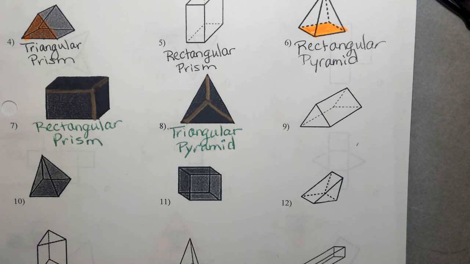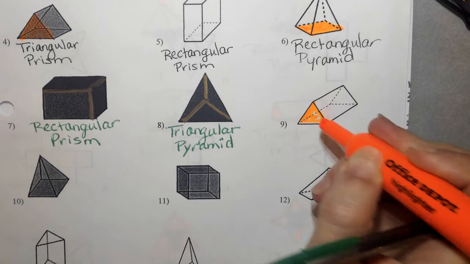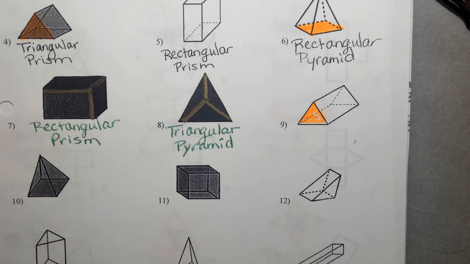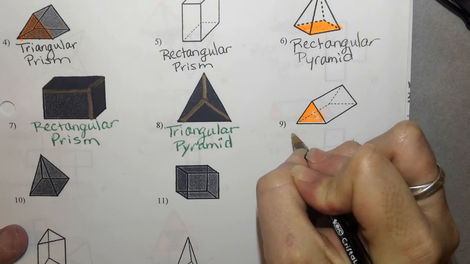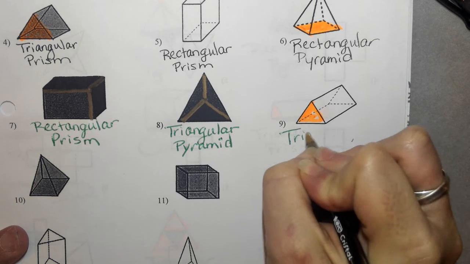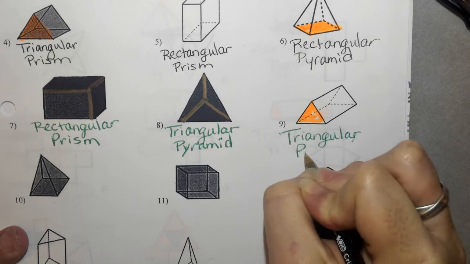Okay. Number 9 has triangles on the ends, but rectangles around it. Triangular prism, because it is flat on each end.